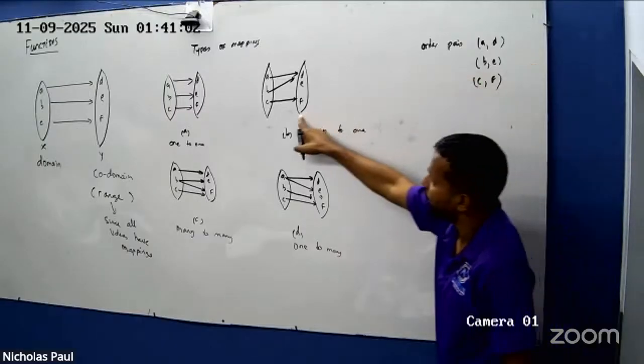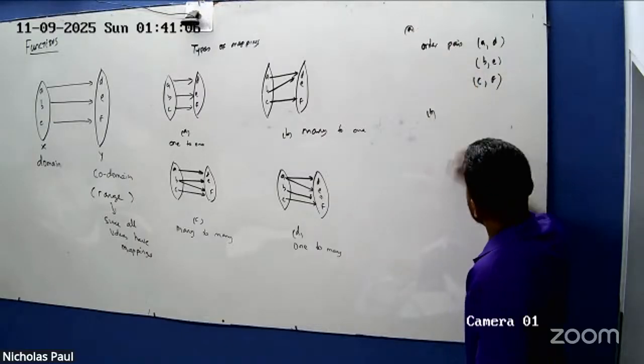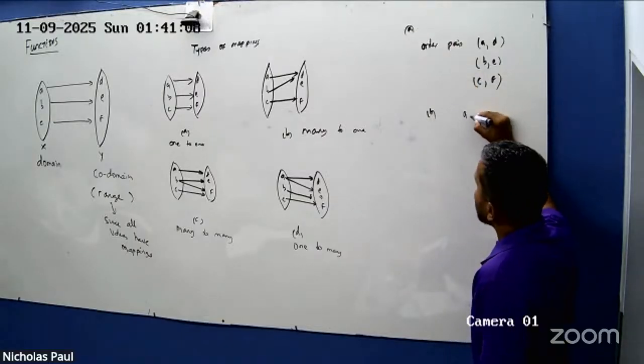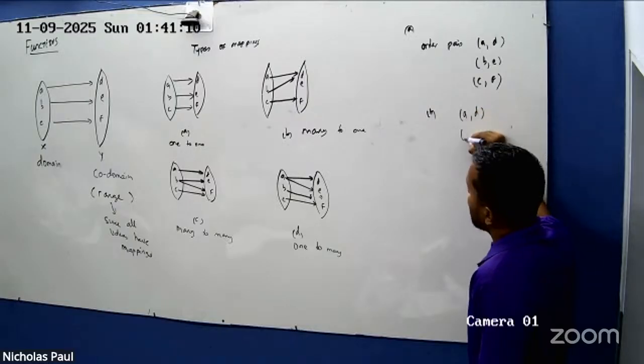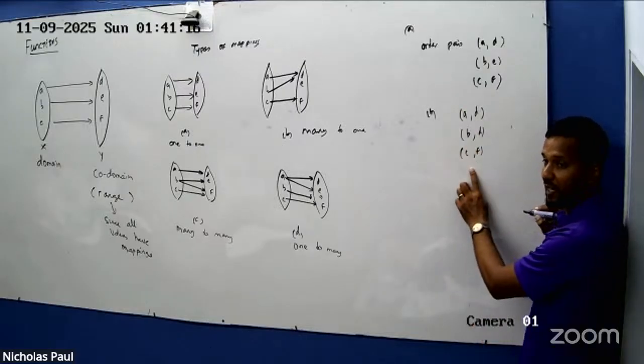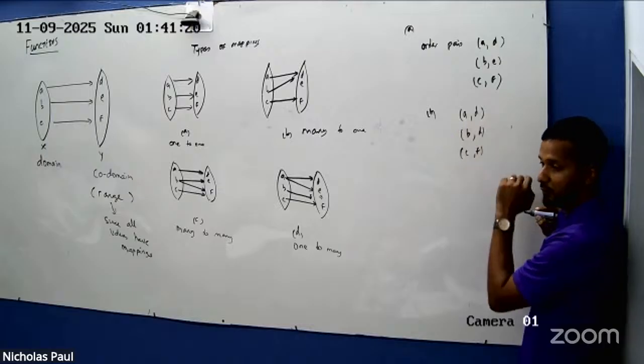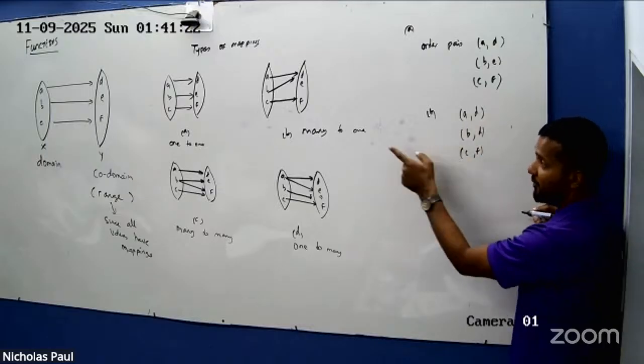Look at the ordered pairs here for this one: A and D, B and D, C and F. See that? None of the ordered pairs have the same first element.